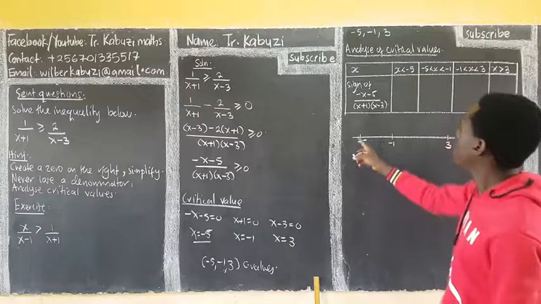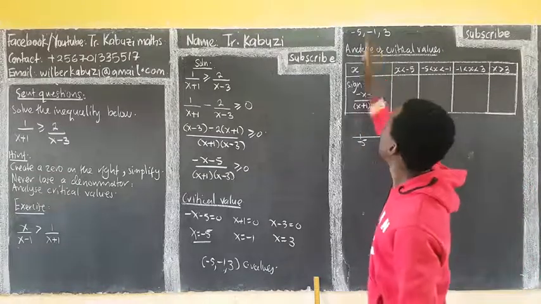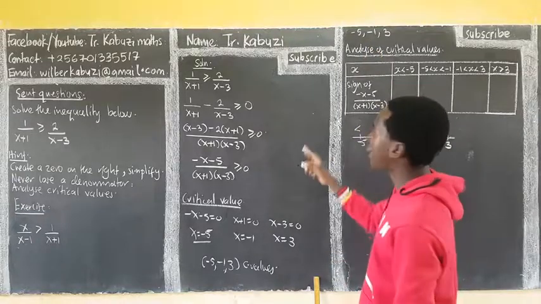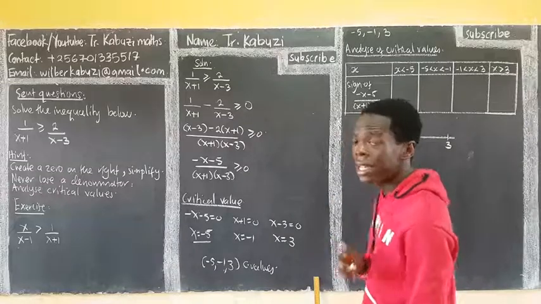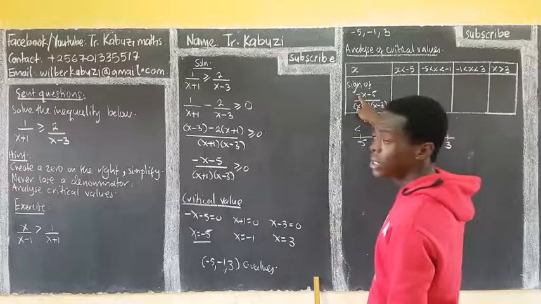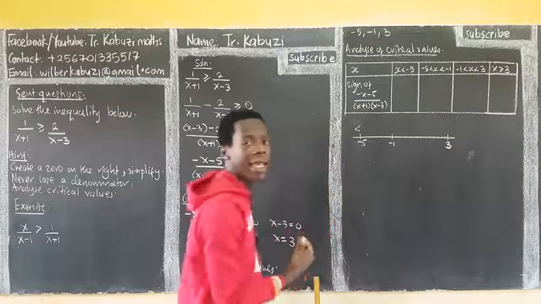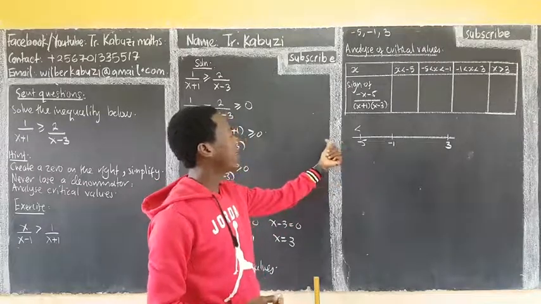So now, you need the values below. So below negative 5, there is negative 6. Then the value of x is now negative 6. So that negative 6 is what we substitute in here. So you see the side below, but you take the closest value, but you see there is a negative 7, negative 8, and so on.